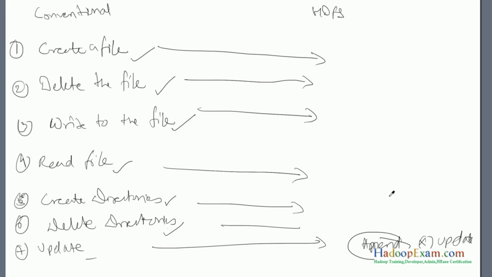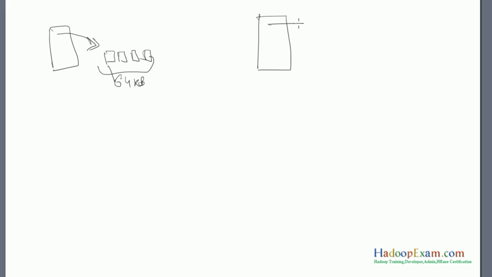Other than this, consider block locations. In a conventional file system the file is also stored in blocks, but the block size is very small, like 64 KB. Similarly in HDFS the whole file is broken into blocks, but the block size is either 64 MB or 128 MB based on configuration.